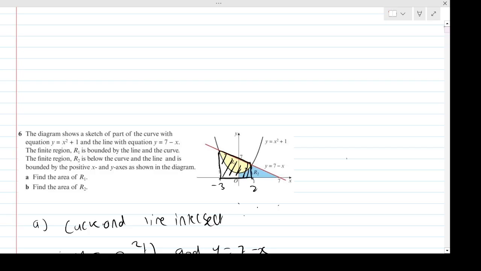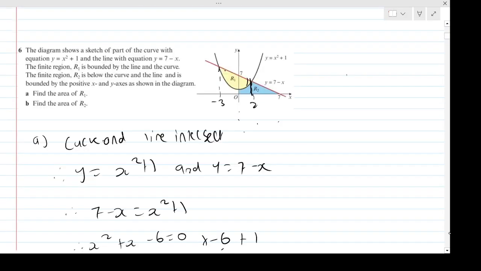Hopefully you can see we get a trapezium. So it's going to be the area under the line, take away the area under the curve. And hopefully you can see we're left with just the yellow area of region 1. So the area under the line, take away the area under the curve.